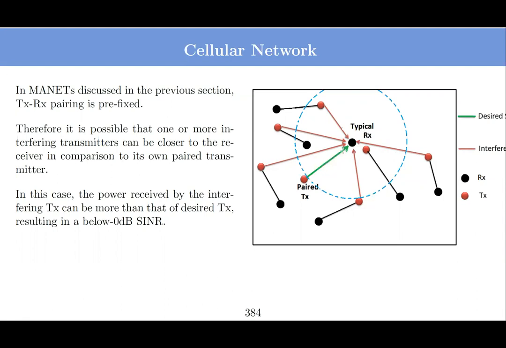And we cannot avoid it, because all of these pairs are independent and this pairing is already fixed. So in this case, the power received from these interfering transmitters can be more than the power from the desired transmitter, and thus the SIR can be below 0 dB.